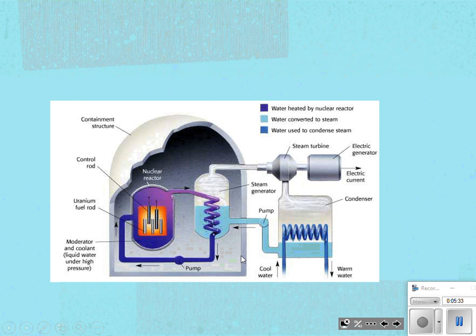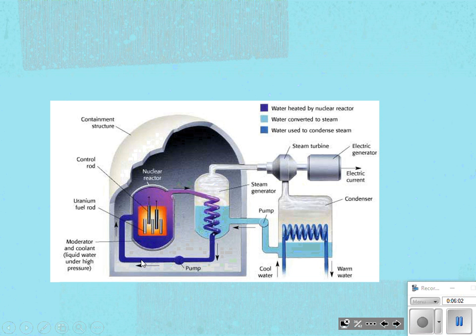Now, what you're looking at, these three bottom rods right here, those are uranium fuel rods. So those are uranium. These two rods are control rods. Now, what happens is we have this purple coming through here.